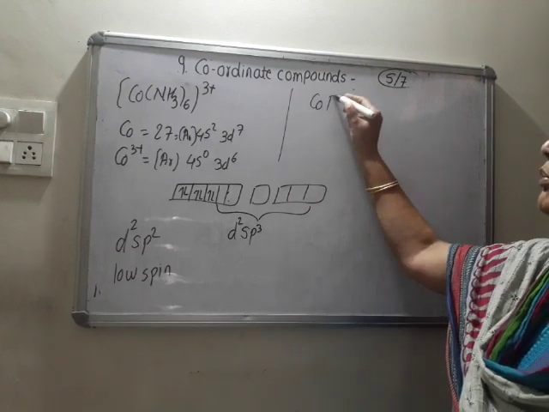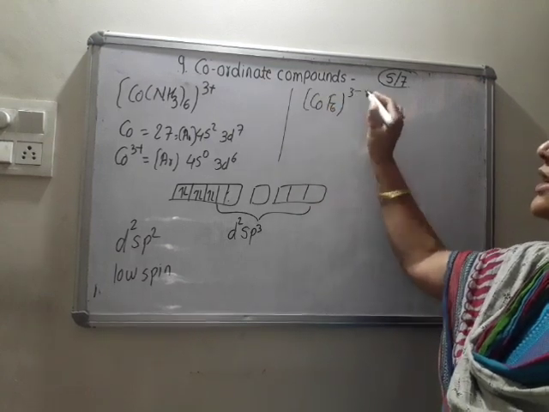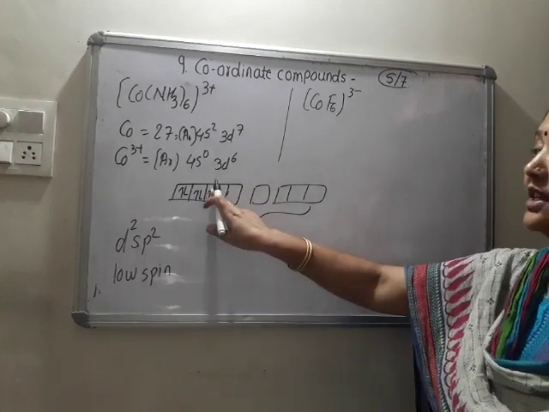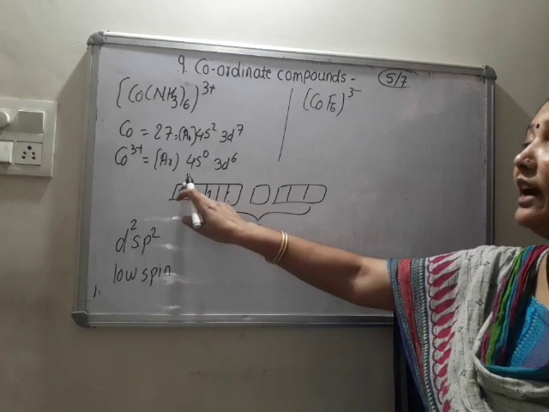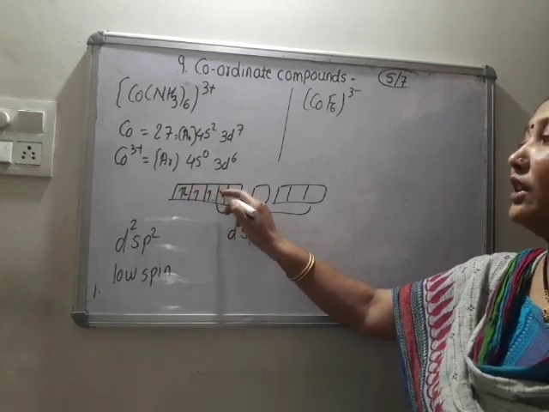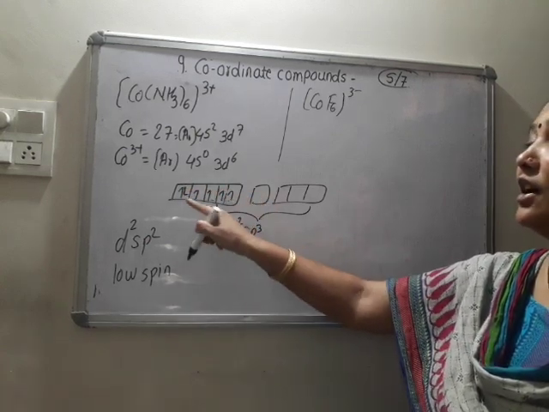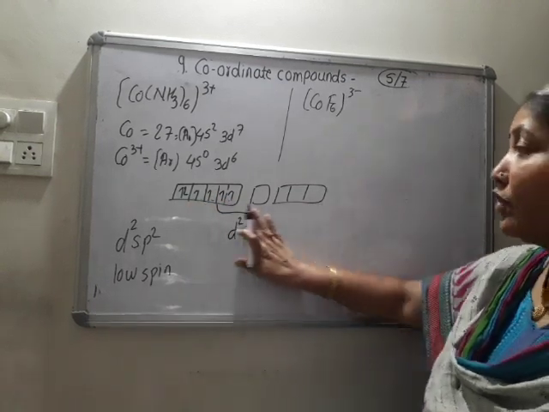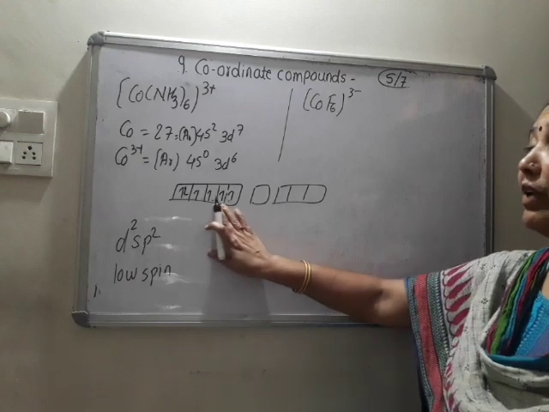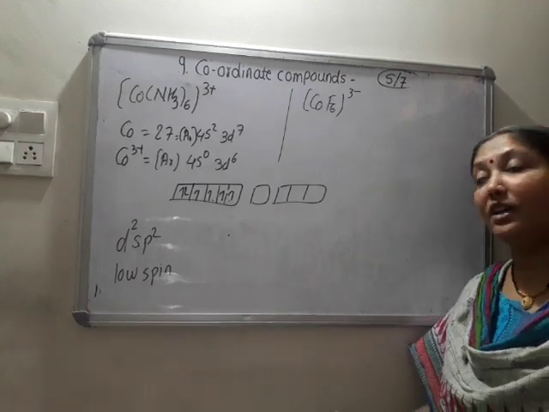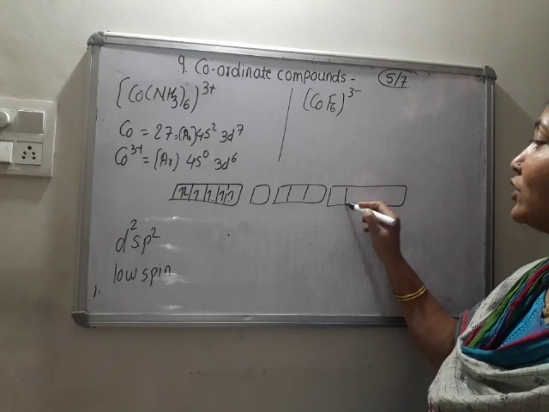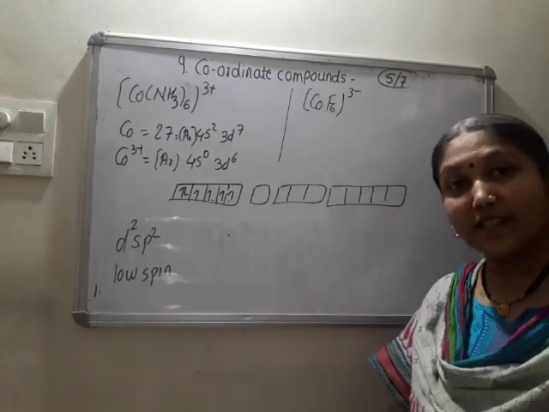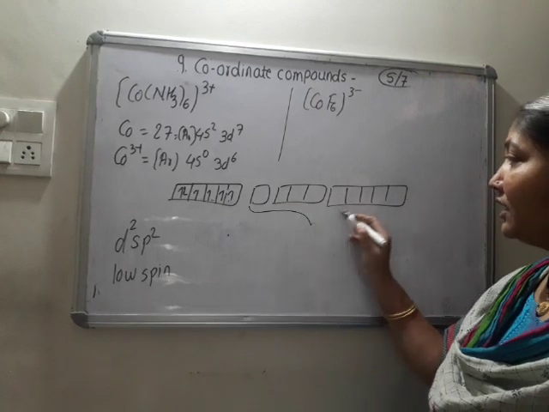Similarly, see another example, [CoF6]3-. So Co is again plus 3. Now fluorine coming towards this is a weak ligand. So again the configuration will become like this, 1, 2, 3, 4, 5, 6. Now fluorine is weak. So because of the weak ligand, pairing does not happen. So what does that fluorine have to do? It has to use the d orbital of the next shell. So sp3d2.